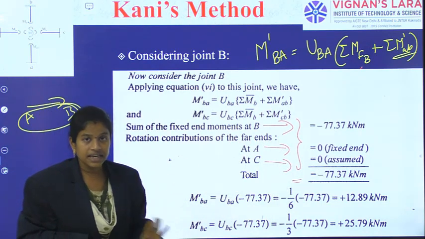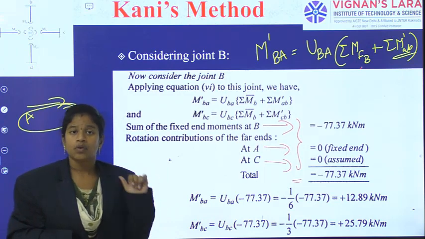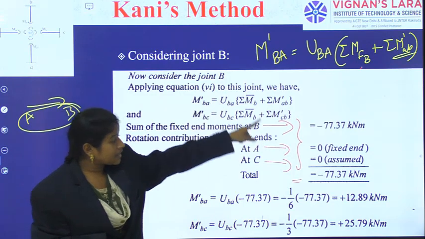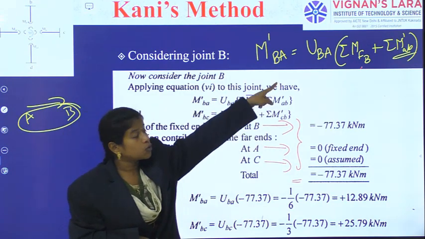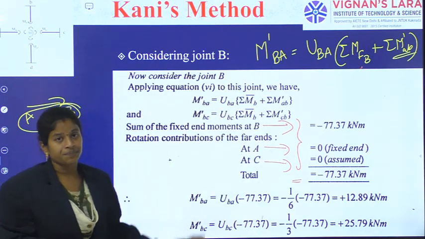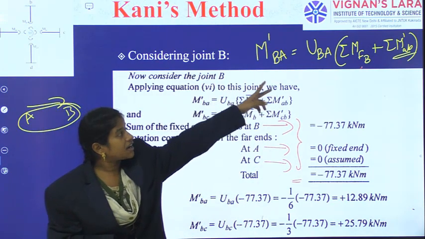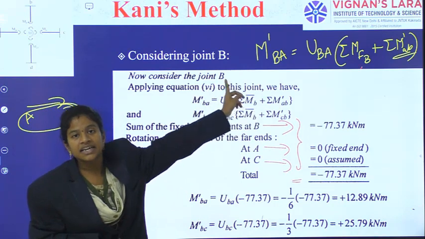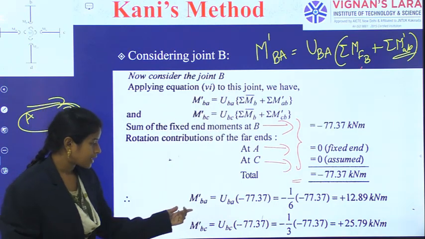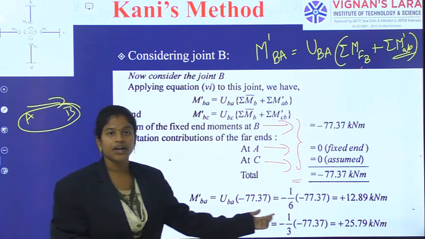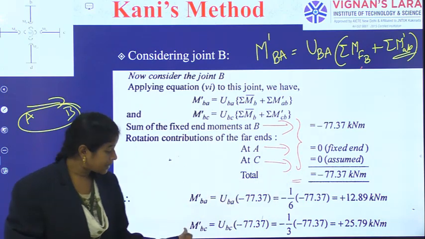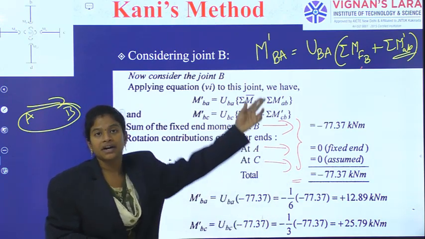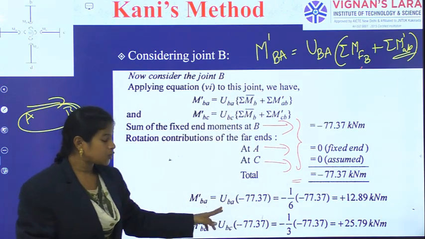But that is not my M dash BA. What is M dash BA? Multiplication of this particular quantity with UBA is my M dash BA, and multiplication of that quantity with UBC is my M dash BC. So M dash BA is equal to UBA into the summation, and M dash BC is equal to UBC into the summation.